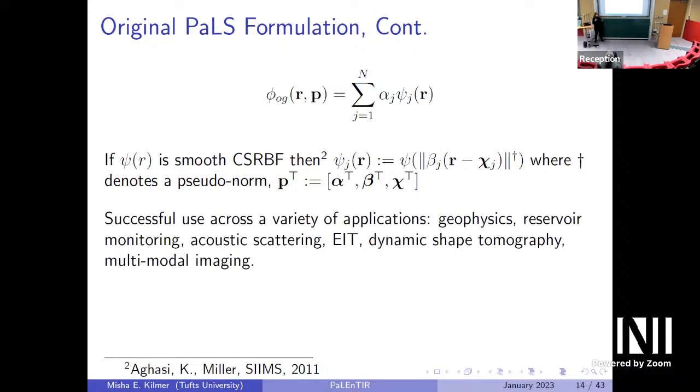And it turns out, since the time when we wrote the original work, we started to see success for this in a lot of different applications. We have the specific references in our paper that's online now, but they come up in geophysics, electrical impedance tomography, acoustic scattering, and so forth. People use these successfully.